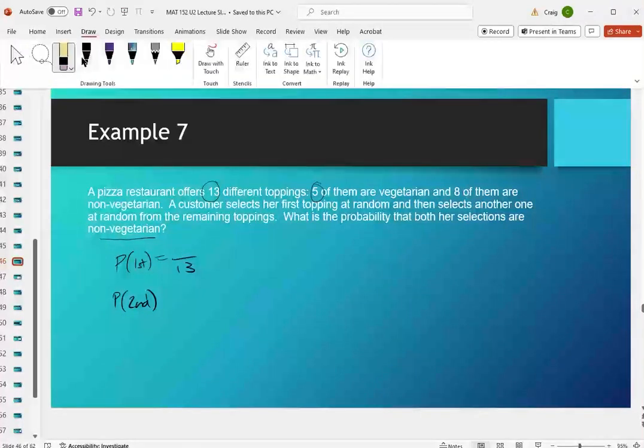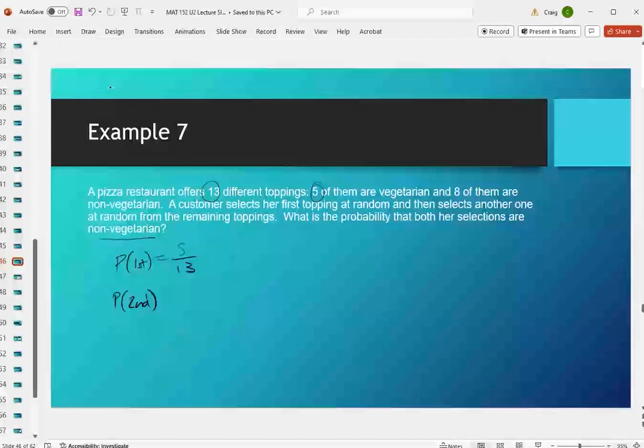We're choosing a non-vegetarian topping, so there's 8 out of 13. But now once we've chosen one, there's one less topping to choose from, and there's also one less non-vegetarian topping to choose from. So on our second choice, if we randomly pick one, there are only 7 to choose from, and there are only 12 options because we've removed one of the toppings.